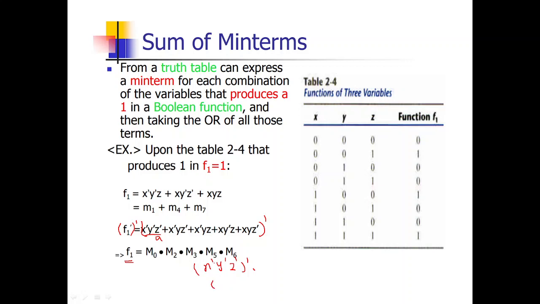So this x' becomes (x')', and this dot becomes plus, and the next variable y' becomes (y')', and this dot becomes plus, and (z')'. So (x')' is x, (y')' is y, and (z')' is z, right?